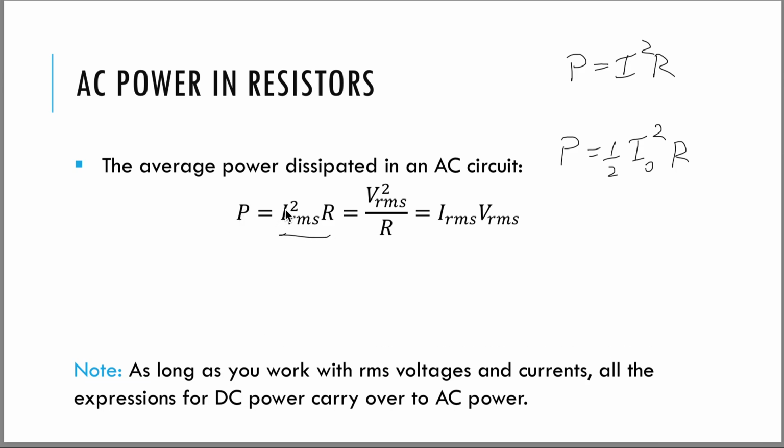Now we can use the regular equations that we're used to: I squared R, V squared over R, or IV. As long as we work with RMS voltages and currents, we can use the same expressions that we learned for DC circuits in AC circuits.